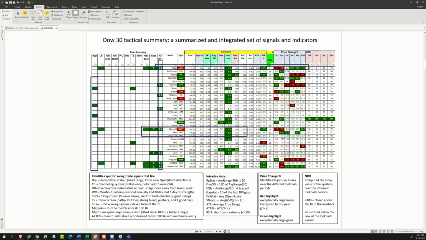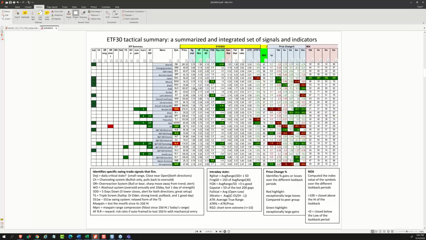Microsoft in the same condition. McDonald's, on the other hand, is a store of value. And Caterpillar is showing some strength. The non-tech safe play. Lots of dojis in the ETFs.